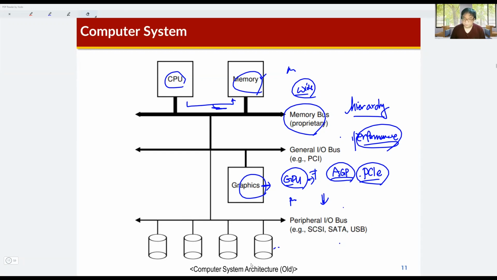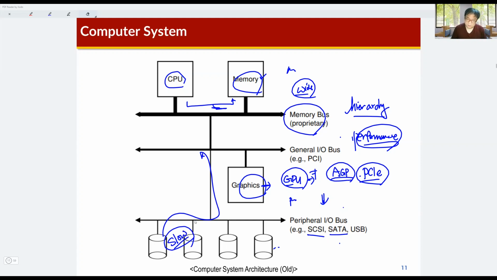In the old computer system, we use storage interfaces such as SCSI or SATA. As you know, the bandwidth of SCSI and SATA is much lower than the memory bandwidth because the performance of the storage system is very low. If data is read from the storage system, but the storage system is very slow, we don't need a high bandwidth bus for the storage devices.